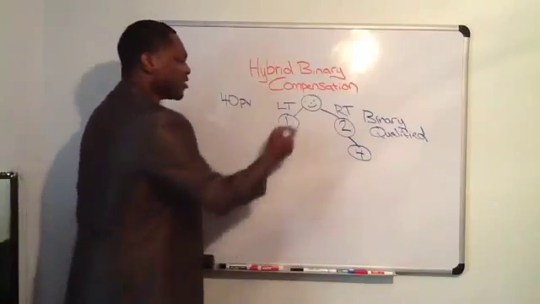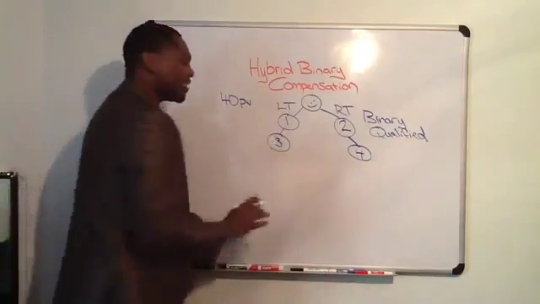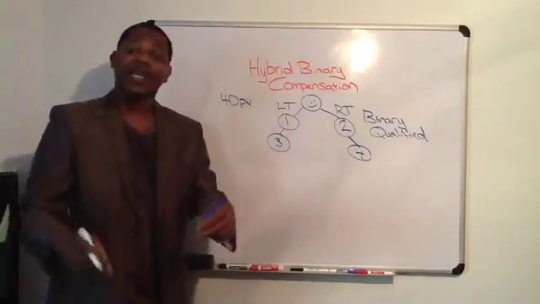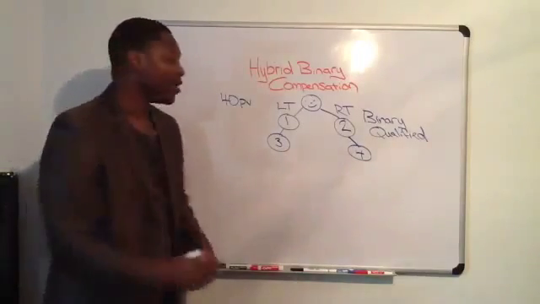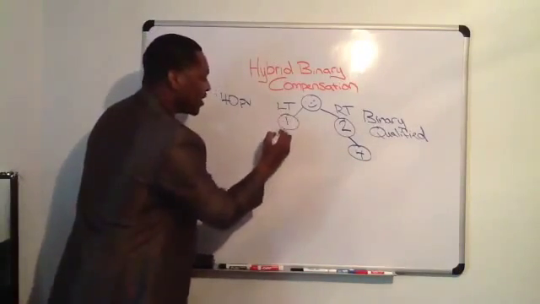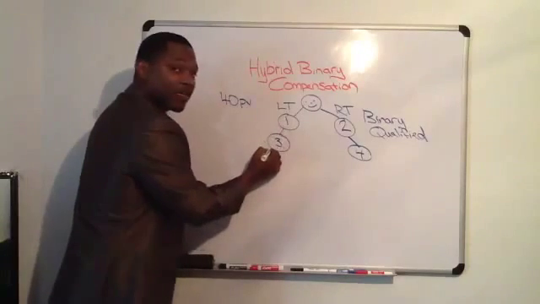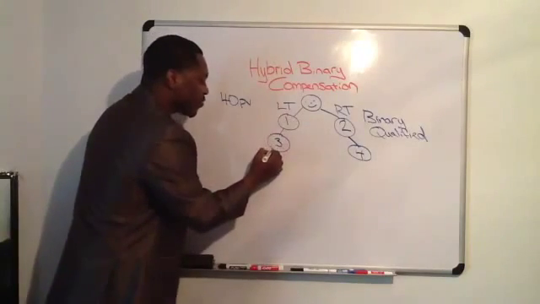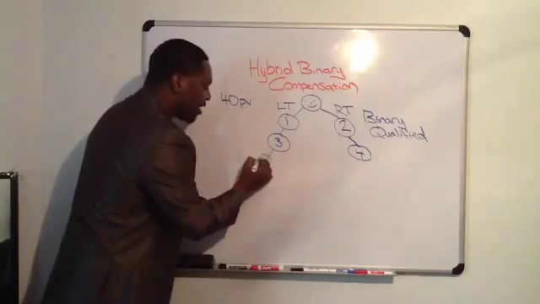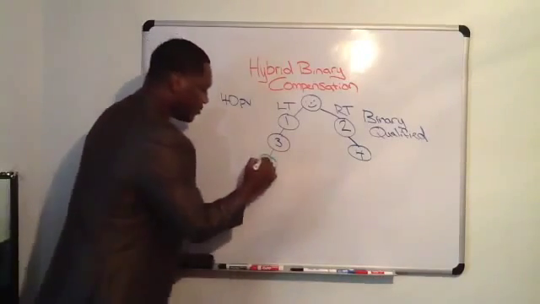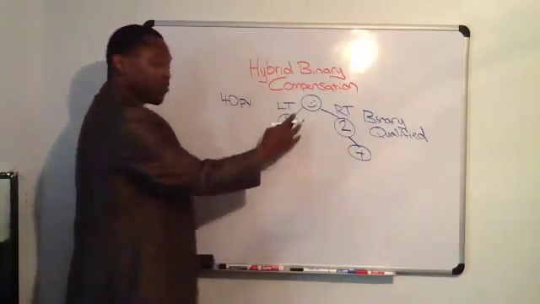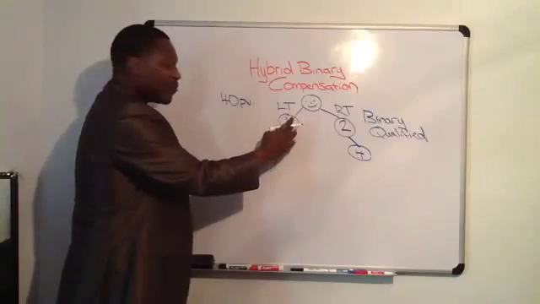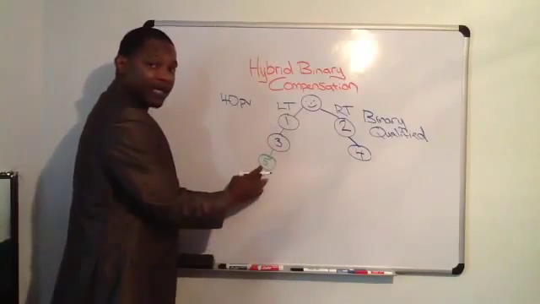Let's say, for instance, person number 1, now all of a sudden, they're excited. And now they're about to get their first sign up. What happens is their person, because number 3 is already under person number 1, their very first person falls under the power line right here. So now person number 1 has sponsored their very first person and it fell onto the power leg. Right?